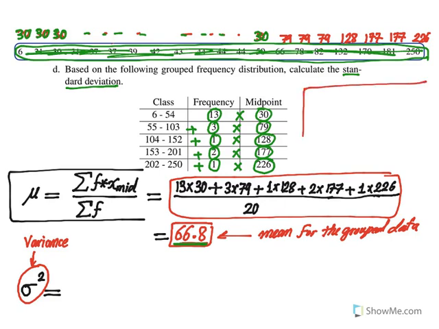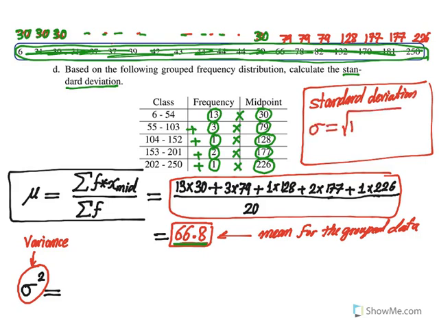So let me write it here to remind you that standard deviation sigma is equal to the square root of the variance, which is, of course, the square root of sigma squared. The variance, we call it sigma squared.